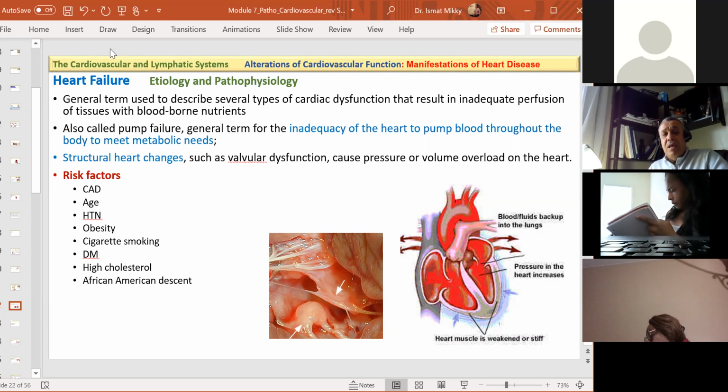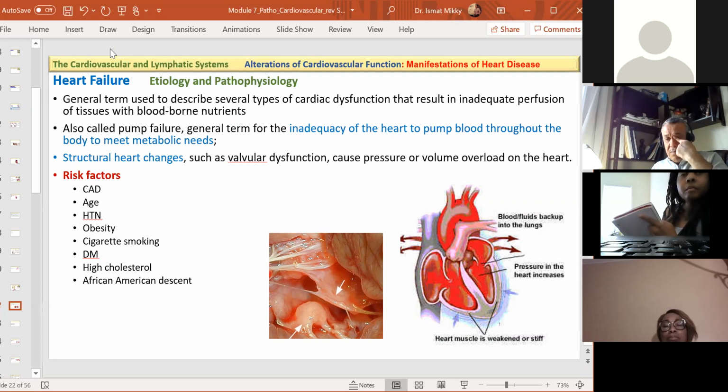The etiology of the disease: a patient may develop this due to long-standing hypertension, undiagnosed hypertension, valve dysfunction like mitral valve or aortic valve dysfunction, acute or chronic, acute MI, pulmonary embolism, cardiomyopathy, endocarditis.